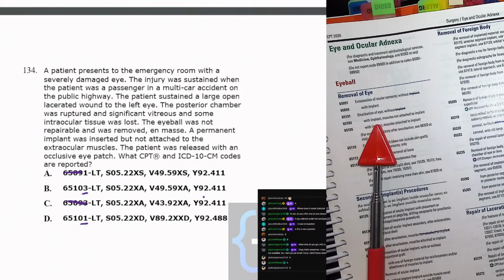So I'll just look through my question and see if we added an implant on that day. I see an implant, so that means my answer is B.